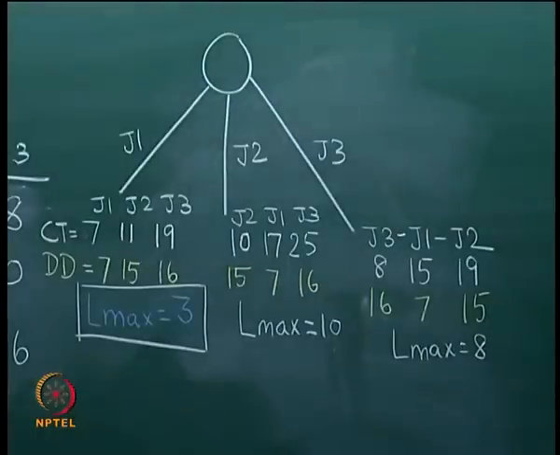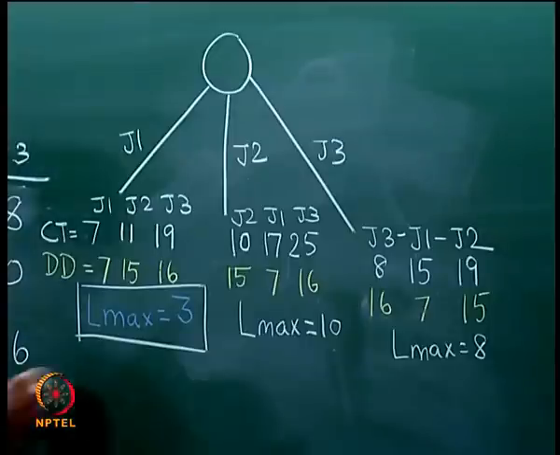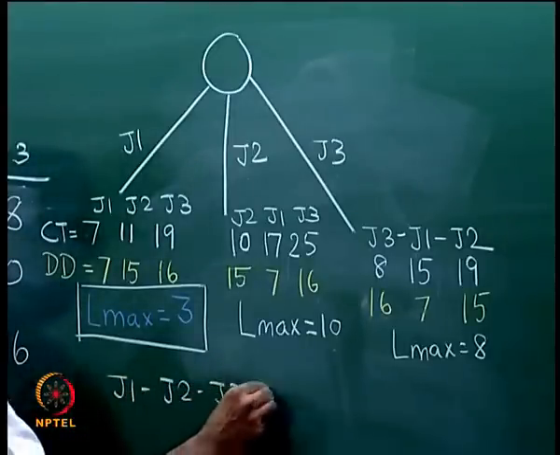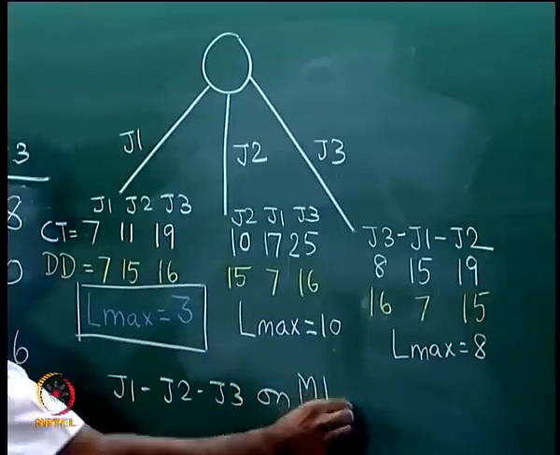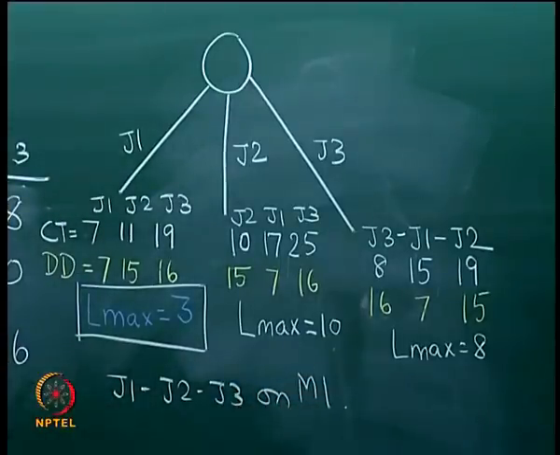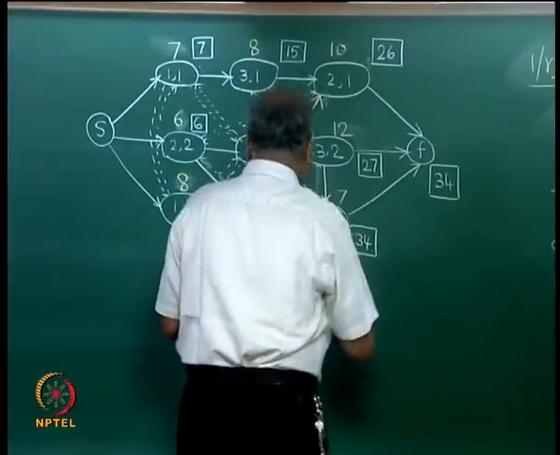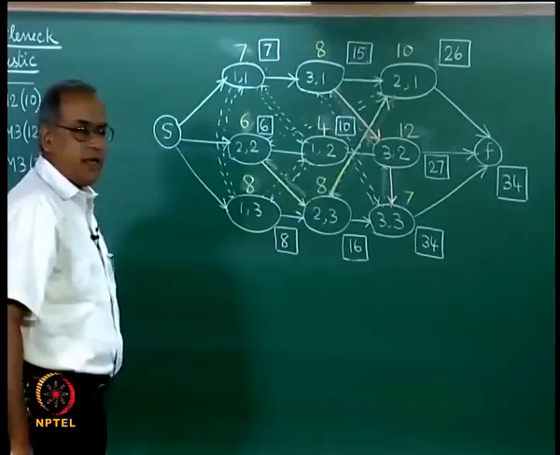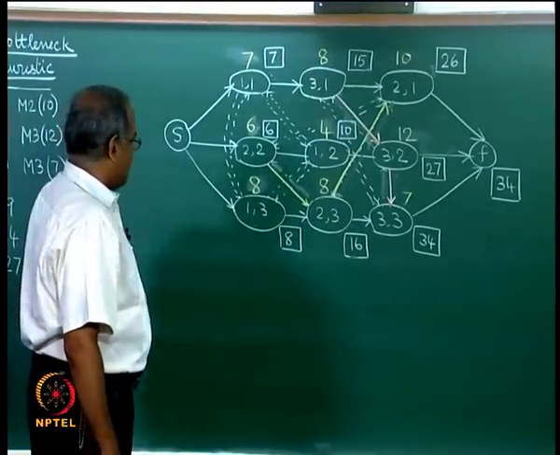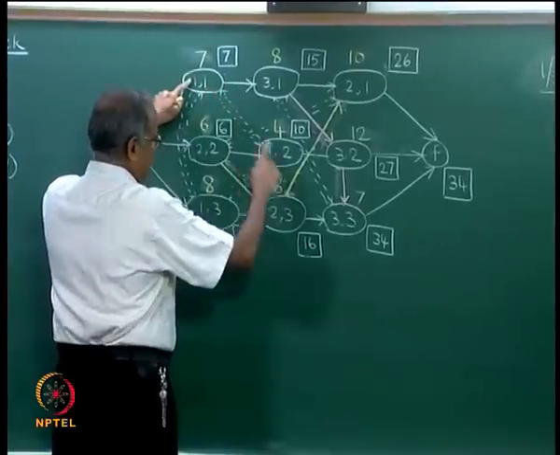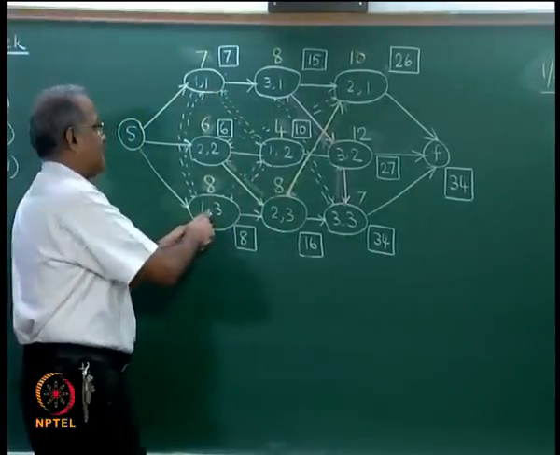So, one RJ L max problem talks about the sequence J1, J2, J3 on M1 with L max equal to 3. Now, we go back and try to map this on this network. So, on M1 the sequence is J1, J2, J3. So, J1 first, then J2 and then J3.